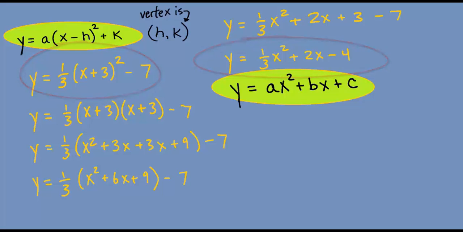And I want you to notice what happened to these helpful numbers over here in vertex form. In vertex form, we could look right at that and say it's a vertex of -3 and -7. And we could see that it's facing up because it's a positive 1/3 out front, and it's wide because it's a number less than 1. It's 1/3.